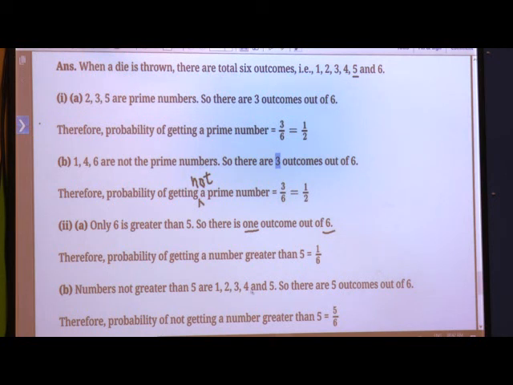So, 1, 2, 3, 4 and 5. So, there are 5 outcomes out of 6. Therefore, the probability of getting a number not greater than 5 is equal to 5 upon 6. And in this way, we have solved the last question.